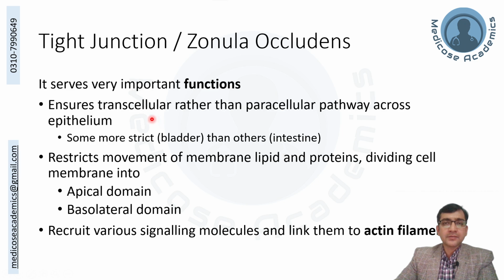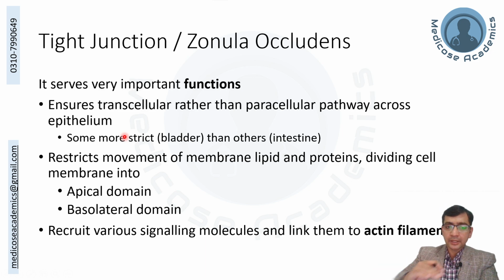As for tissues which have stricter control, like the bladder, which does not want any fluid to go through, the occluding junctions will be more extensive in number, and different proteins are there to make them more robust.